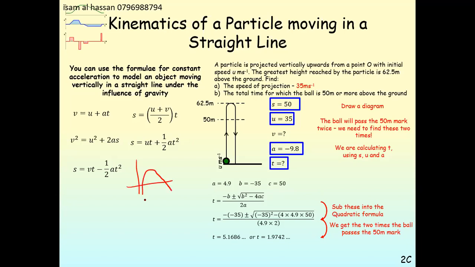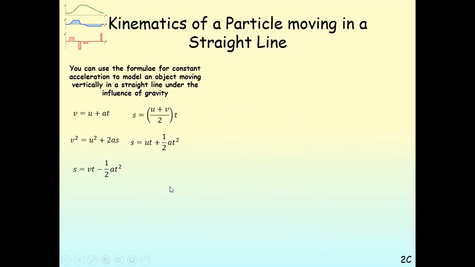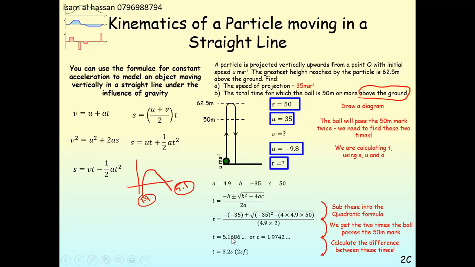The first t is 1.9, the second t is 5.1. This is math, right? So the time interval, this minus this, you will get the duration, the total time above the ground. Subtract them. Okay, wait a minute. So it's 5.1 minus 1.9, that's 3.2.